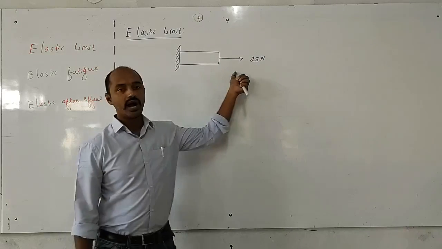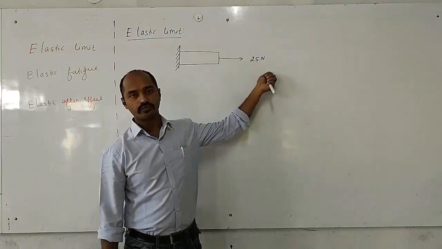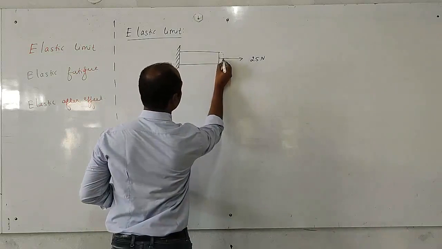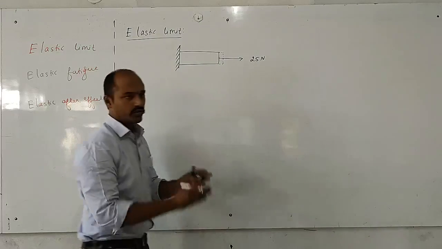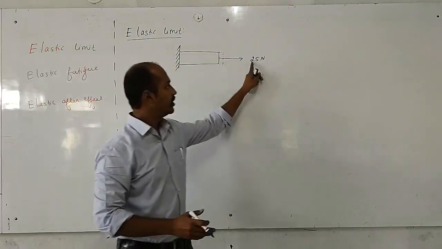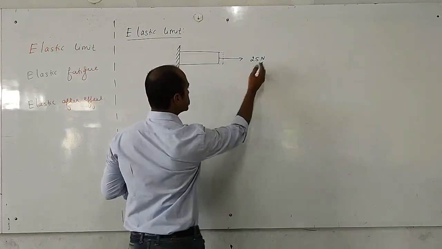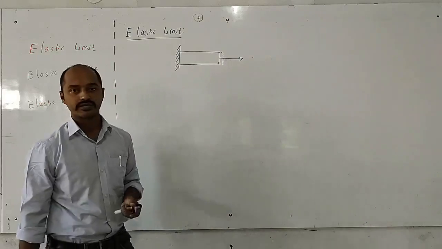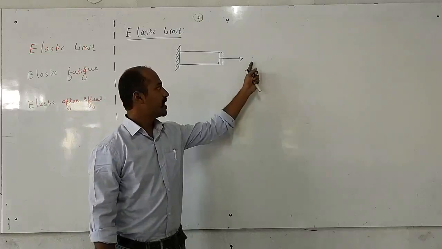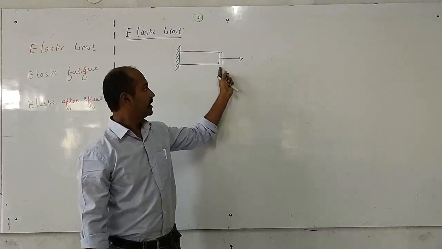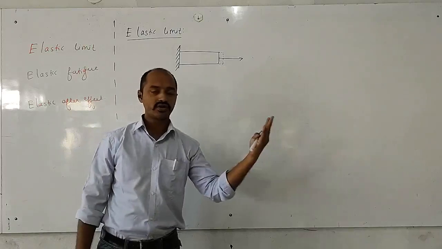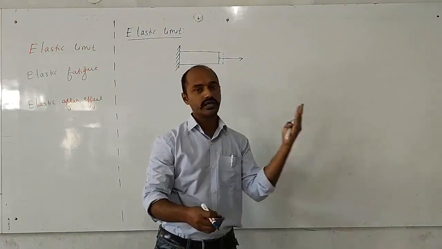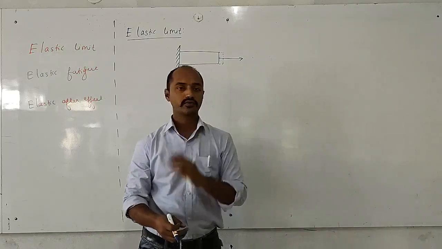Initially I apply 25 Newton of force, so it extends a little in length. If I remove this load, once again the body regains its original shape and size. Getting my point? So once I apply 25 Newton, the body extends or changes its dimension. Once I remove the force, then the body regains its position.